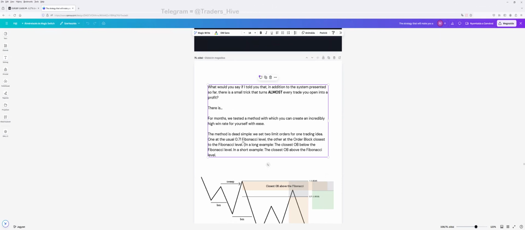One is at the usual 71 Fibonacci level, the other at the order block closest to the Fibonacci level. In the long example, the closest order block below the Fibonacci level. In a short example, the closest order block above the Fibonacci level. So in this case, this is a long example, because we are looking for a long trade. So in this case, the closest order block below the Fibonacci level.